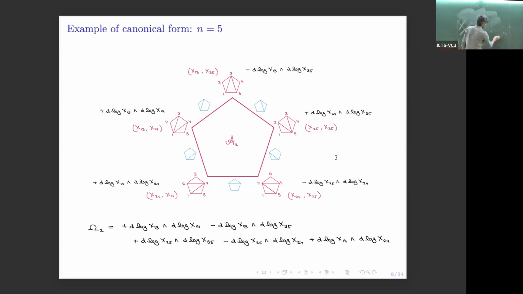And from here, what I have is this. This was omega, and if I take omega and restrict it onto this one, I get this.